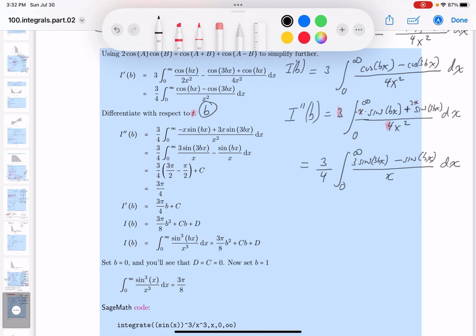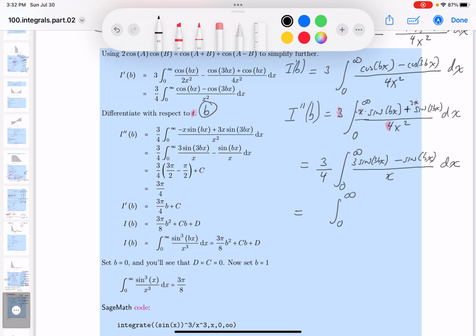And now what I'm going to do is I'm actually going to split into 2 different integrations now. I think I recognize them now. So let's write this down kind of carefully too. 3/4, 0 to infinity. Well, you know what? If I pull a 3 out from the first term, it's just going to be 4. I'm actually going to write down 2 integrations, by the way. I'm sorry, it's not 4. It's daydreaming there. It's going to be 9/4.